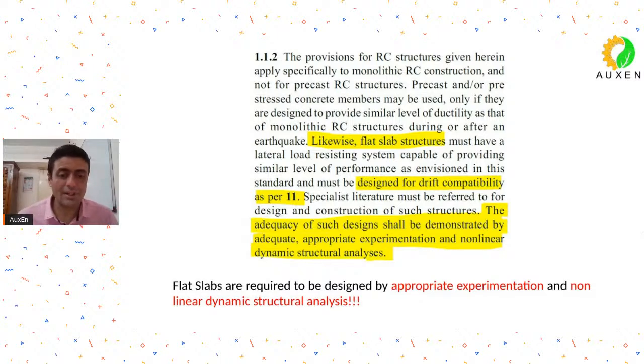I don't know how to do experimentation for flat slab, and non-linear dynamic structural analysis. Non-linear dynamic structural analysis, I do not know anyone who knows how to do this. So I don't know how the code wants you to provide flat slab buildings in the Indian context.